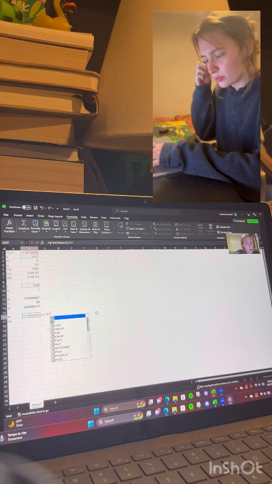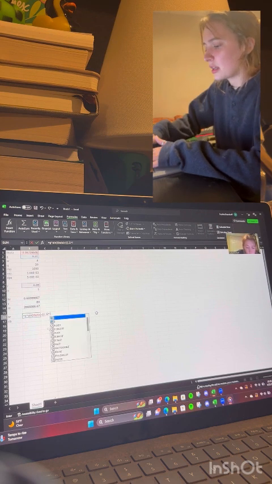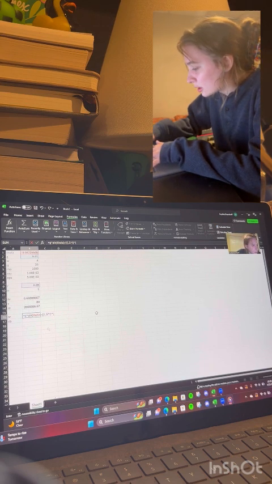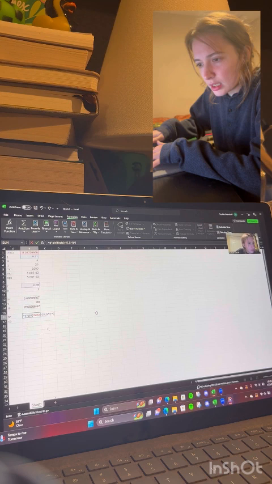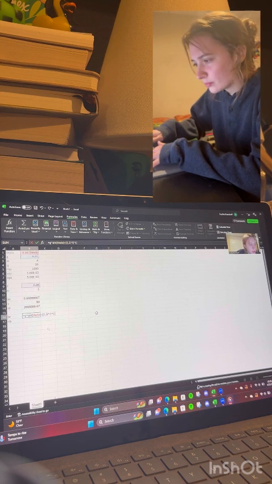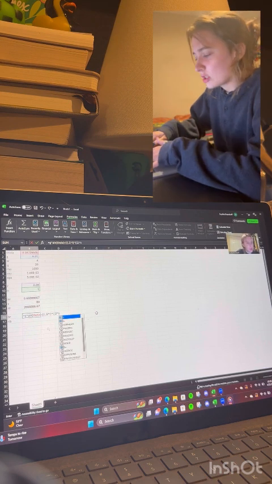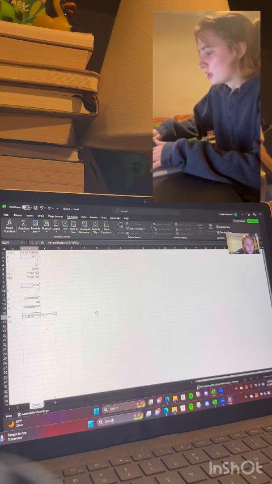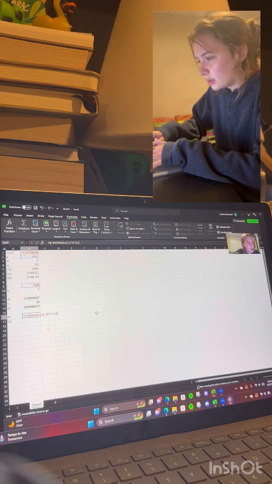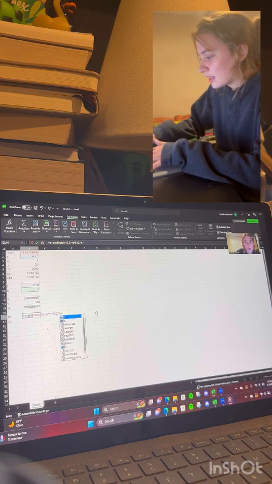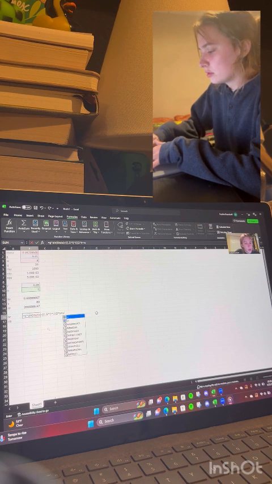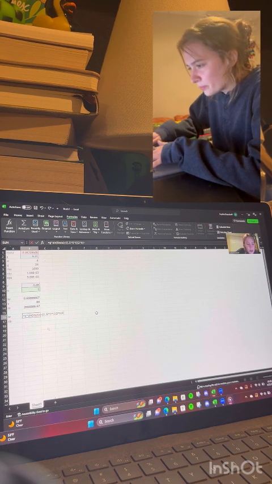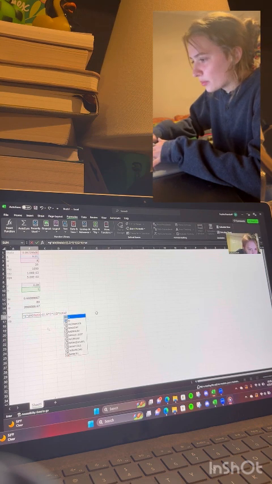I'm going to add a couple extra parentheses just because I've been having errors with this. 0.5 times H, and that's going to be times this one I'm going to put in parentheses. 2 times H. Let's add a third parenthesis. 2 times H plus W.